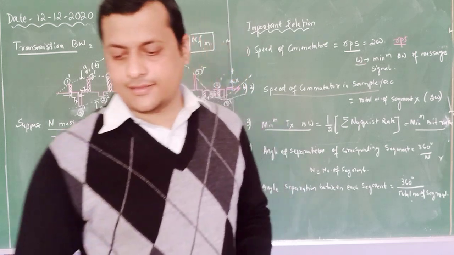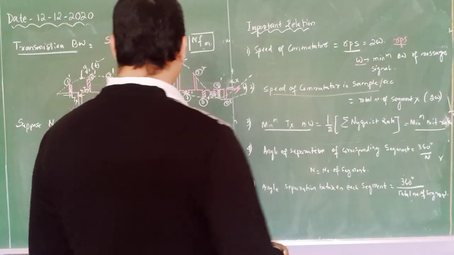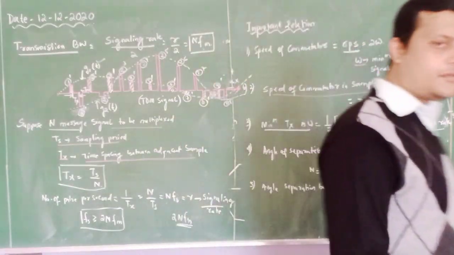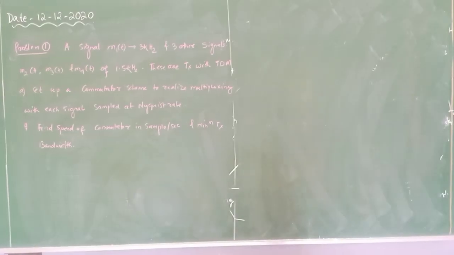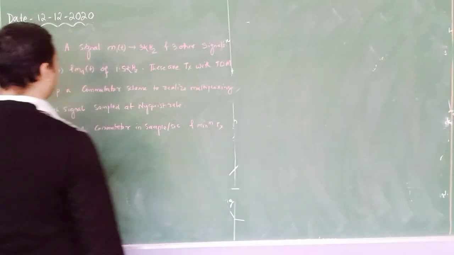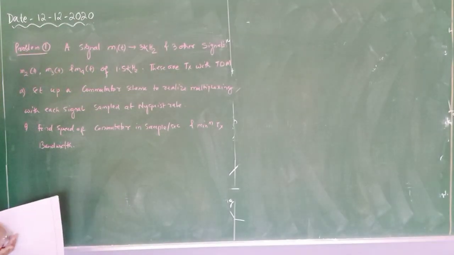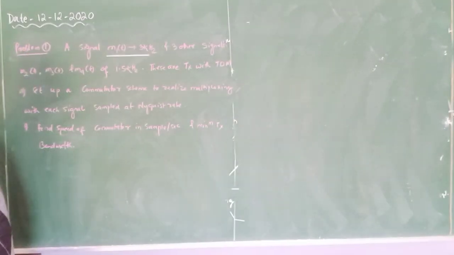So let us consider one case so that we can design the commutator principle. Here it is given a signal M1 of t is band limited to 3 kHz.